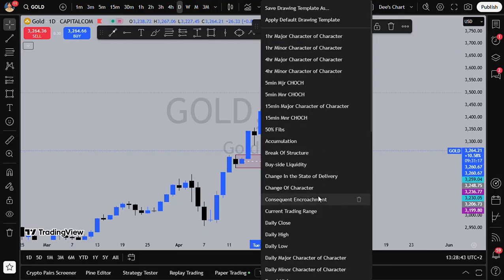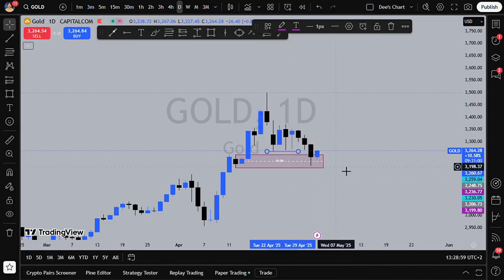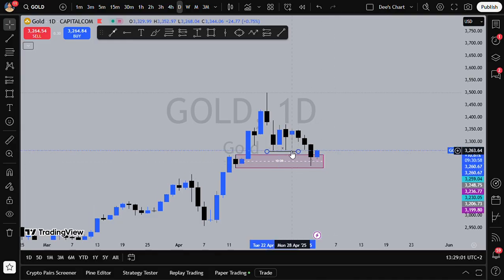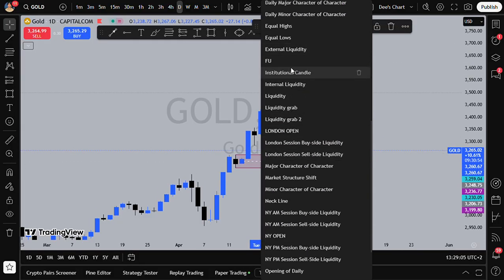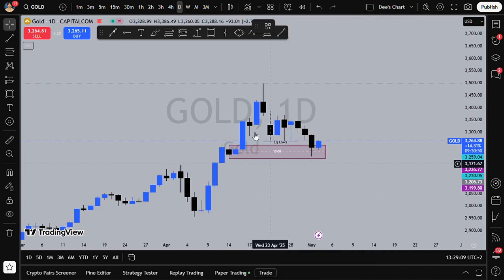That is why price pulled into the order block, because above it lies an area which makes price draw towards it. So let's just make it equal lows for now, so that you know. That's my equal lows and my daily order block.